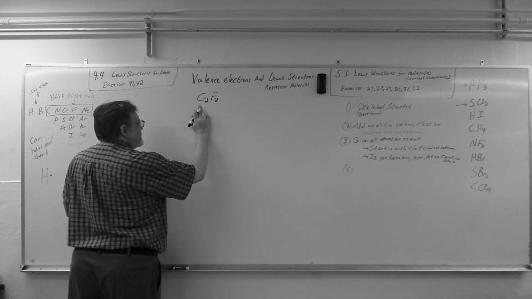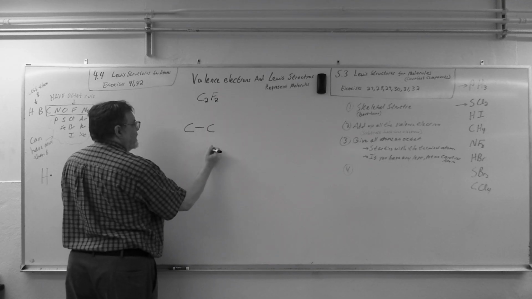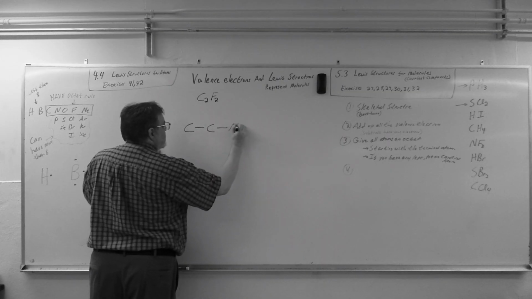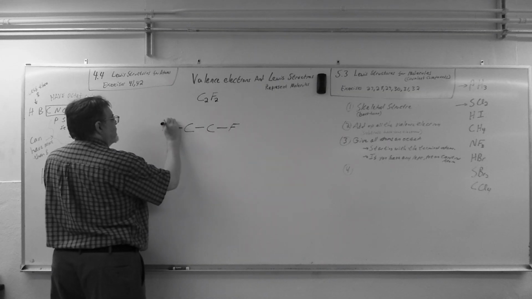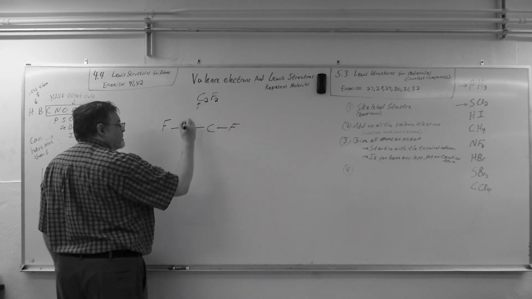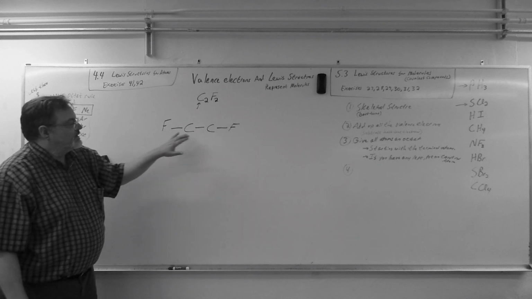You can look at this and say those 2 carbons are together central, and then from there radiate out what's left. I realize this gets a little weird, but this is your central atom or atoms. There they are at the central point, and there are the fluorines out there.